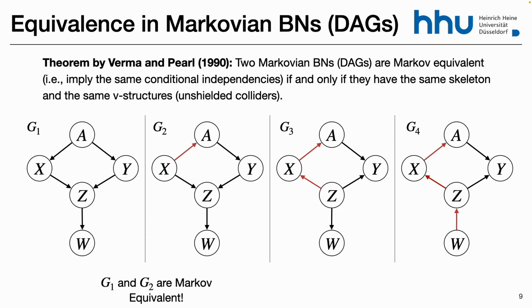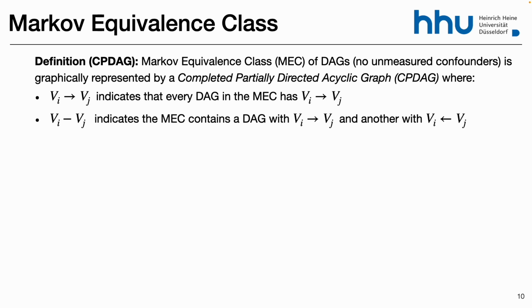So these two edges are going to appear in all members of this class. However, this edge, X and A, can flip without changing the class. So this is not going to be an invariance in the class, and this one is going to be an invariance in the class. And that's what the object is going to capture.